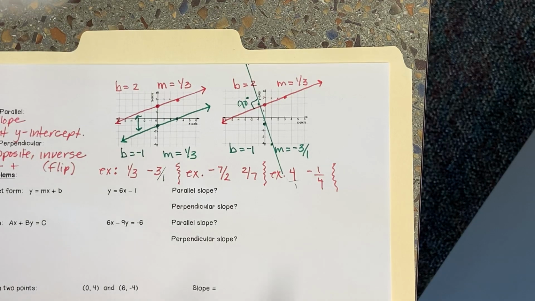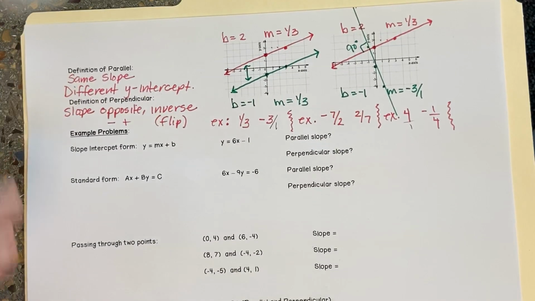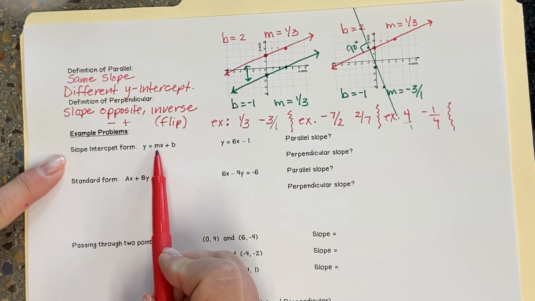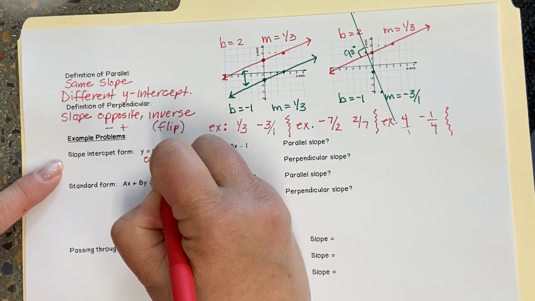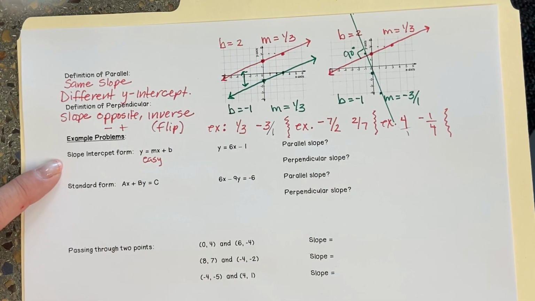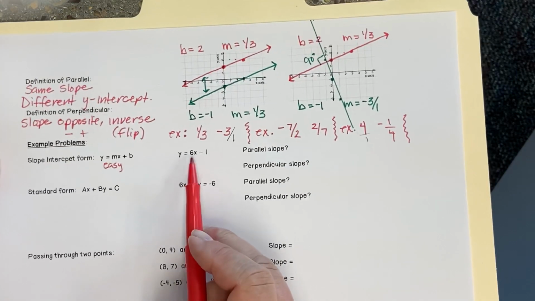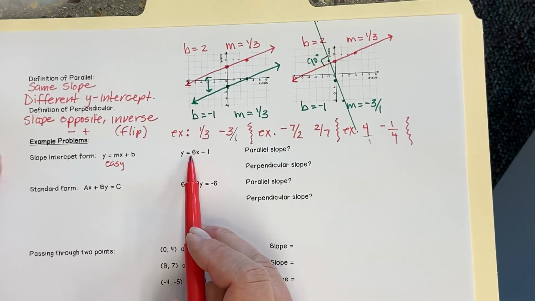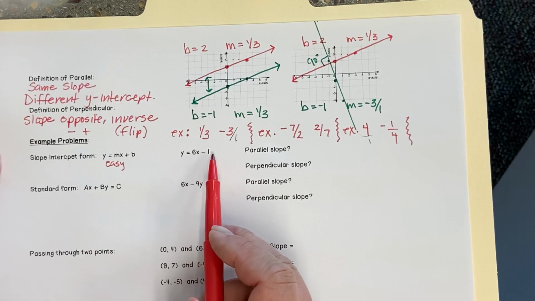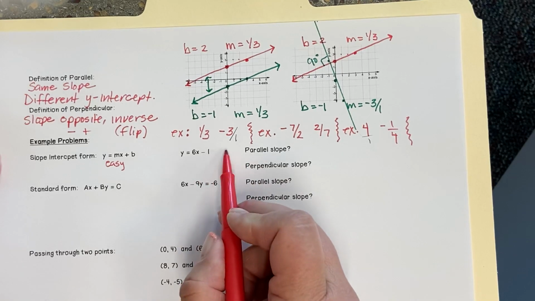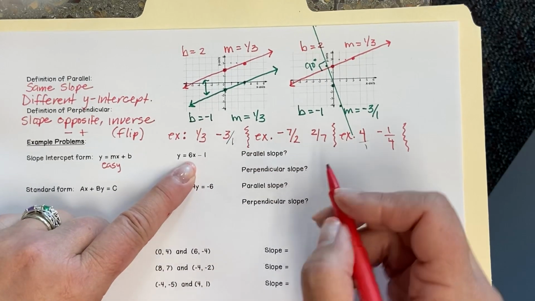All right, so here's some example problems you're going to run across. If it's already in slope-intercept form, this is going to be easy because you don't have to do extra work. They're just going to give you the equation, y equals 6x minus 1, and they want to know what a parallel slope would be. Well, that would be exactly the same.